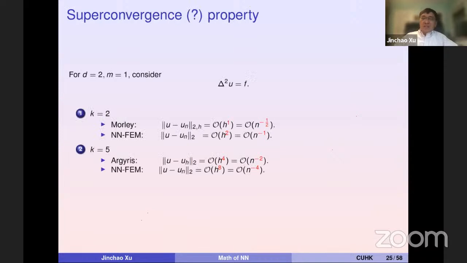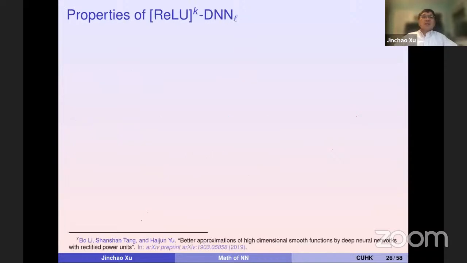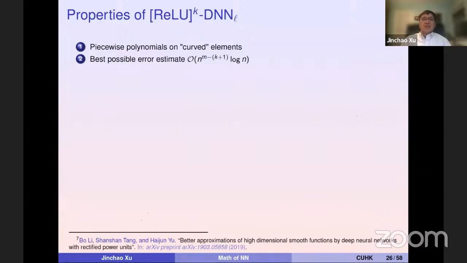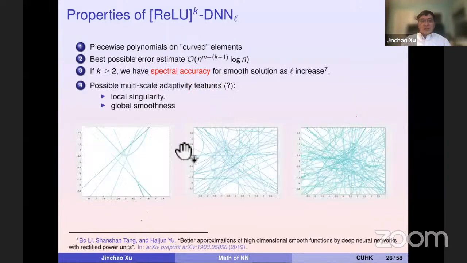And not only that. Even with a deeper neural network, you have a funny looking space where you still have piecewise polynomials of some degree on a curved element like this. You can do the error estimate as before, but if you go deeper, with more layers, that's one of the nice results.